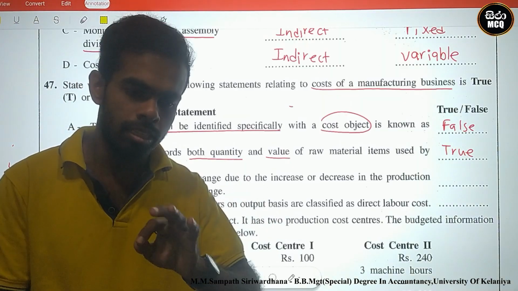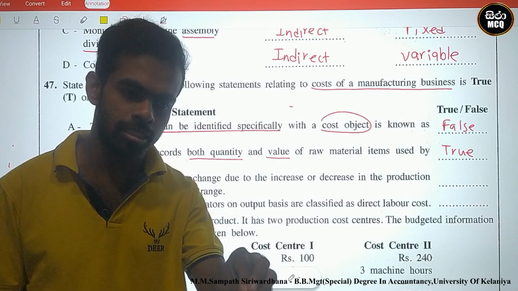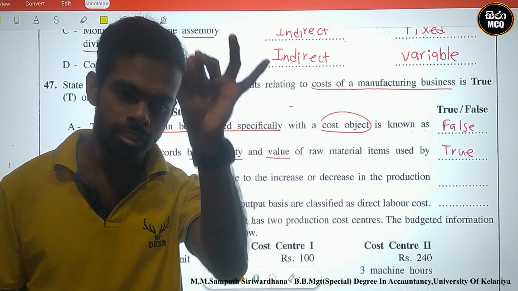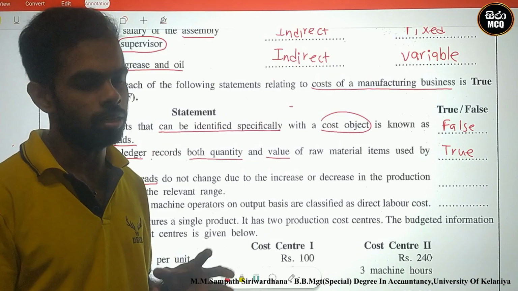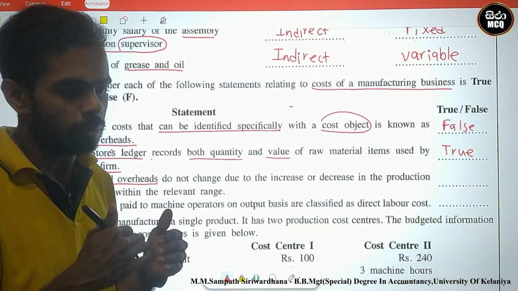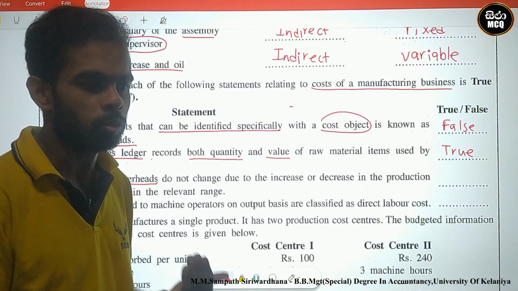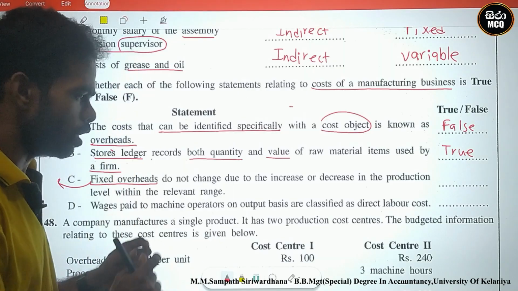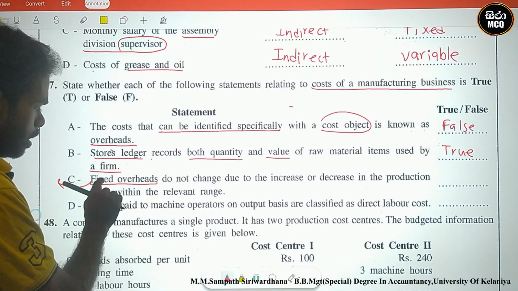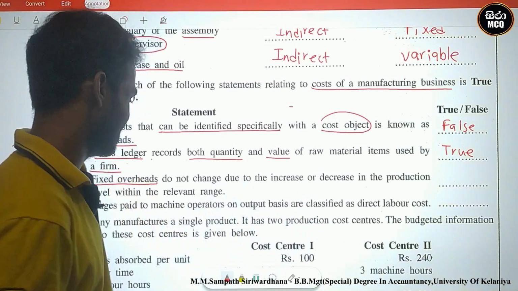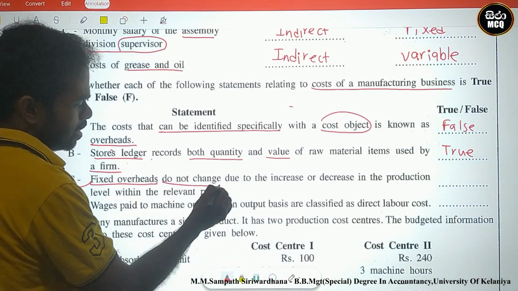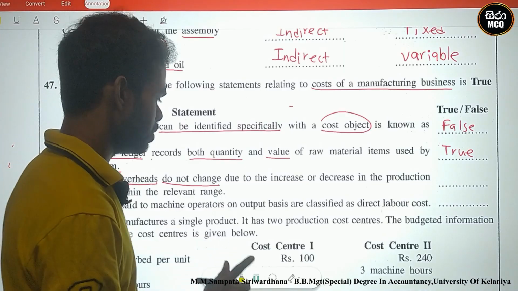He gets 60,000 rupees monthly. This is a fixed overhead. The monthly salary does not change based on the production units.